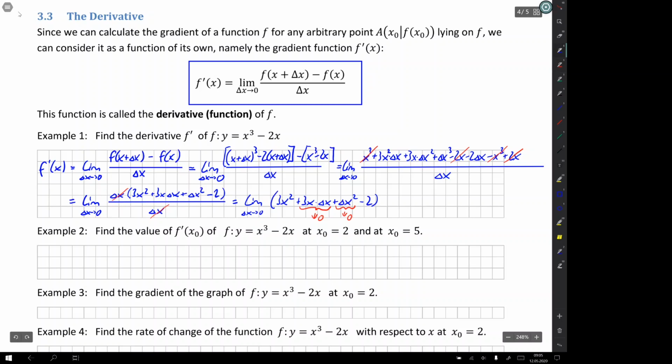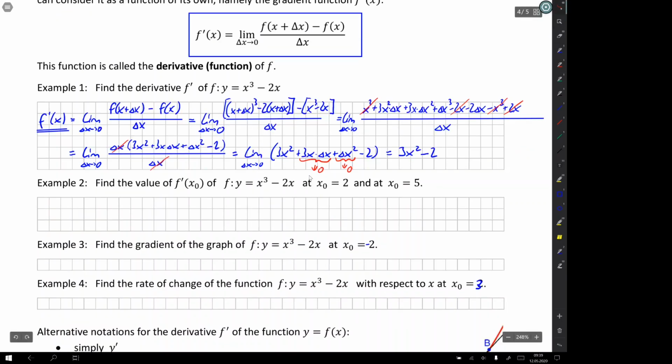So what remains in the end is just 3x squared minus 2. Now we have found the derivative function of the function f. So now we can find also the value of f dash at any point x0 of this function.